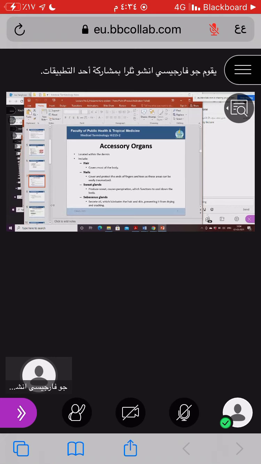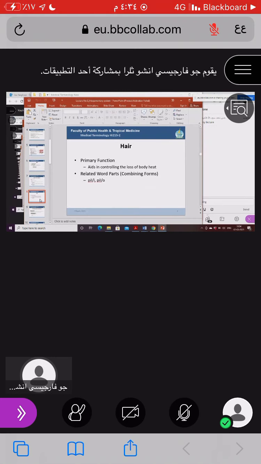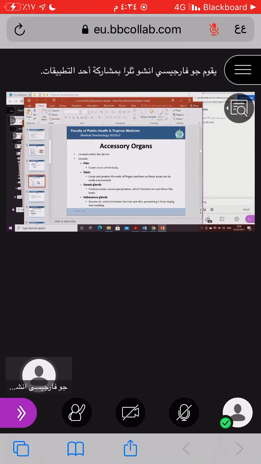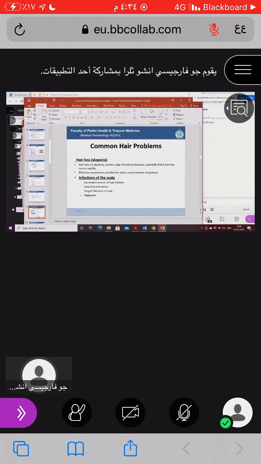Accessory organs are given, and for each accessory organ, the medical term. For hair, it is pili, and for nail, onych. That's the other term for nail.